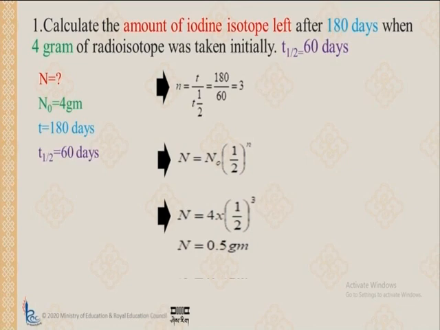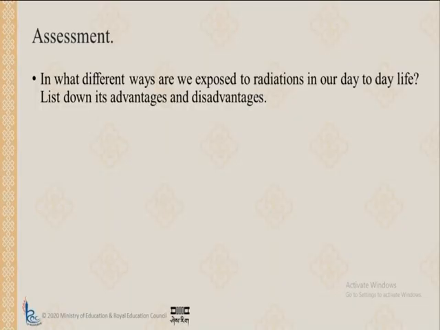We have come to an end, but before this I have got a few questions. Number 1. In what different ways are we exposed to radiations in our day-to-day life? Every day our body is exposed to different radiation, but we are not aware of it.